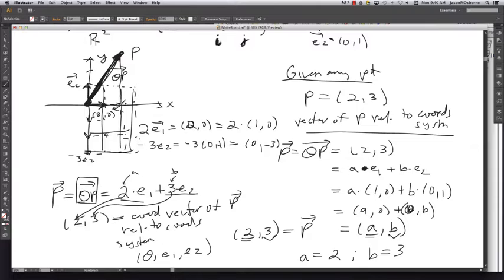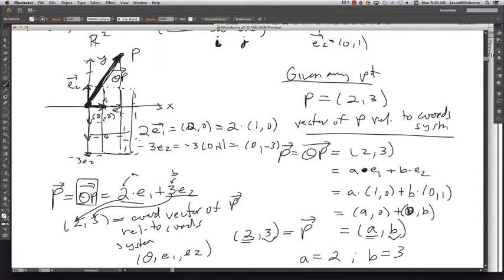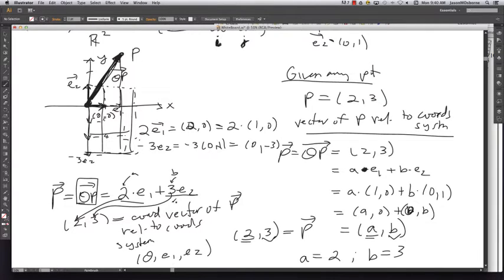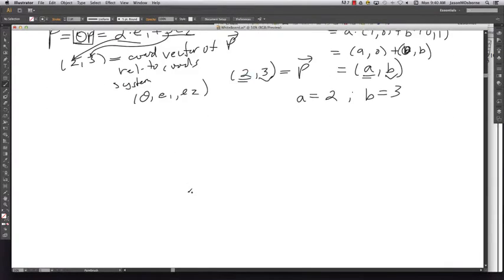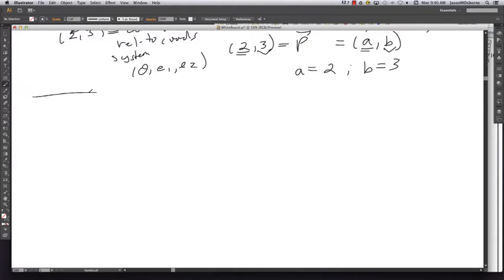Go A steps in the E1 direction and B steps in the E2 direction. So this is almost a no-brainer of an idea when you're in the standard coordinate system. It's hard to think of how it could have worked out otherwise.